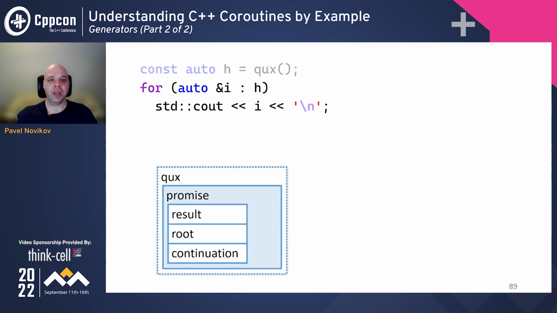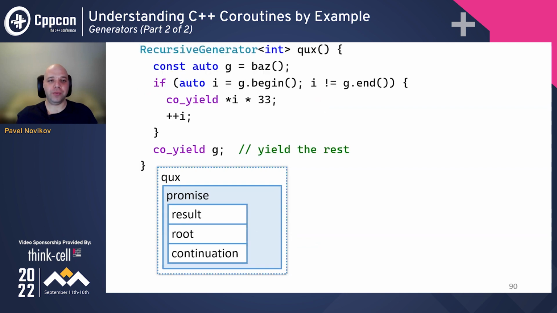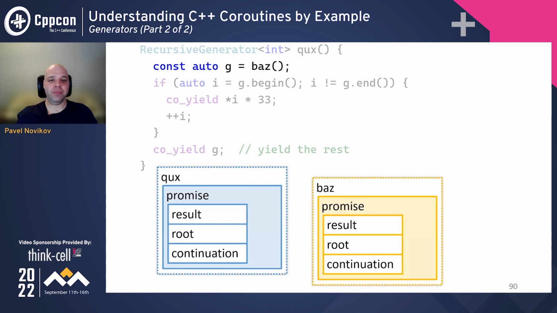I will show you how they come into play. So after we created our generator, we want to iterate over its values. So we go inside the generator, we resume the generator. Inside of it, we create another generator. For it, a coroutine frame is created, in this case, bus. Then we want to get a value from that generator.